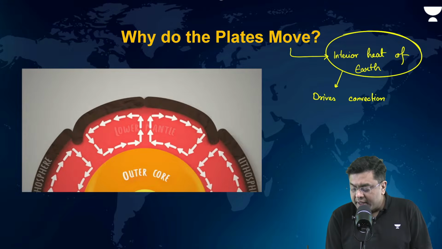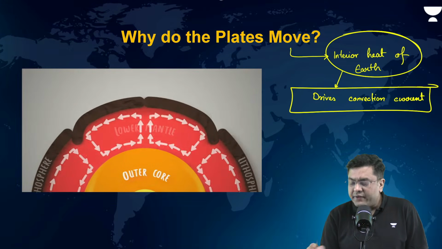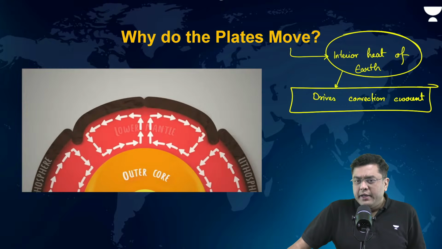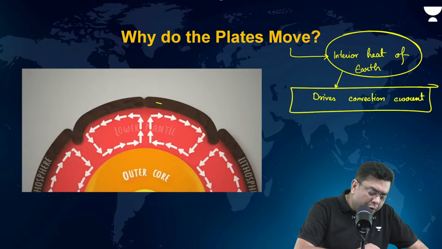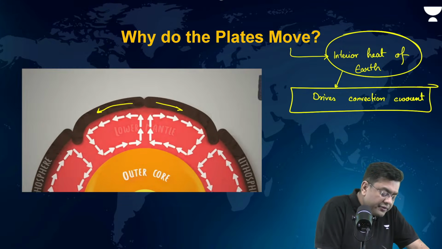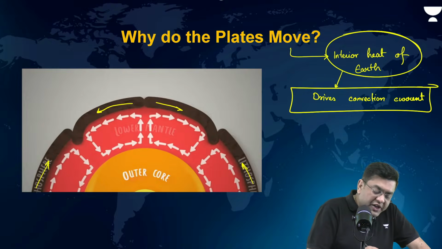Drives convection current. And this convection current basically ends up initiating the kind of plate movement. So you see, this convection current can push this landmass away from this landmass, right? Similarly, one landmass can be pushed here, here. So convection current generates divergence.